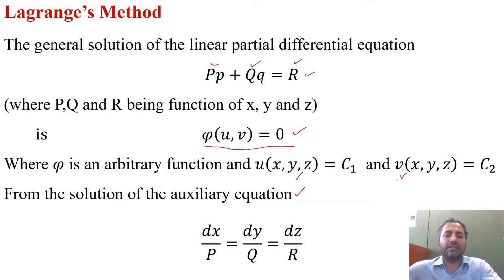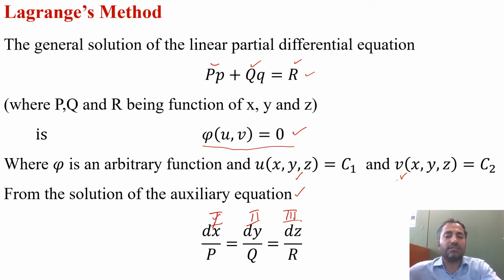After defining this auxiliary equation, we select any two fractions. Let's say fraction 1, fraction 2 and fraction 3 are given. Any two fractions that you select, you solve. By solving this you will get one solution, either u or v. The first selection gives the solution u, and the other selection gives v.